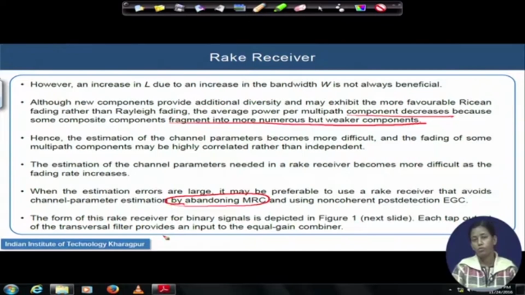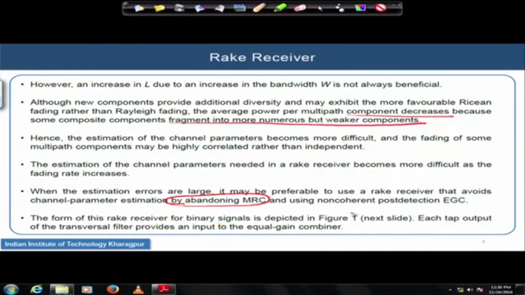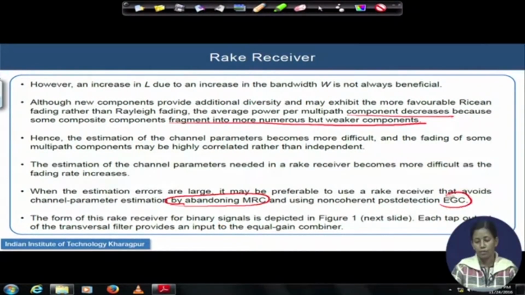MRC always requires the estimation of all those channel parameters coherently, and when the estimation error is very high, MRC combination is not a good option. Preferably, proceed with non-coherent post-detection equal gain combining for the combiner circuit.